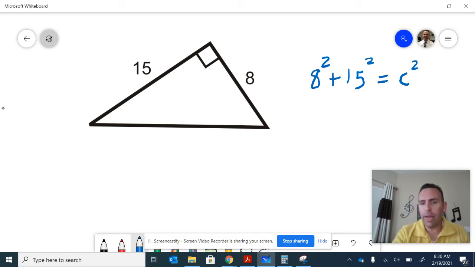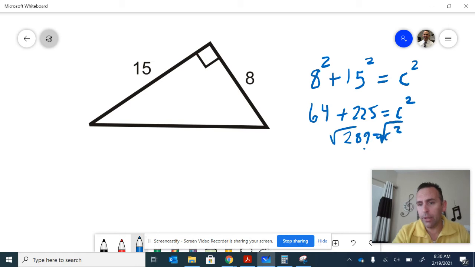So if we were to solve that, 8 squared is 64, and 15 squared is 225. If we add 225 and 64, we get 289 is equal to c squared. If we take the square root of that, we'll figure out that c is exactly 17. This turns out to be a whole number here.